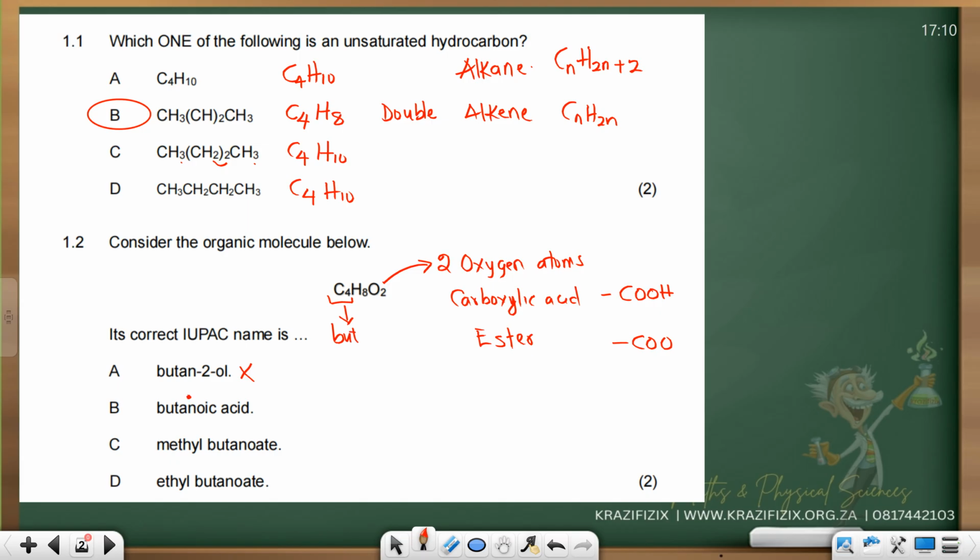But what is wrong with C? Check. Meth is 1. Bute is 4. That gives me 5 carbon atoms. So that is out. Eth is 2. Bute is 4. That gives me 6 carbon atoms. So my only option again is B.